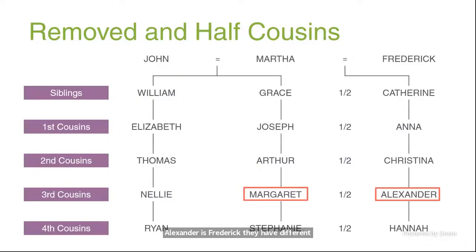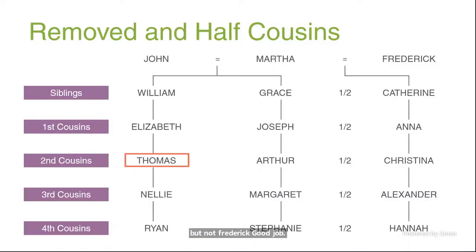So that's when we call them a half cousin, because they only have one common ancestor. So that's the difference between a full cousin and a half cousin, the number of common ancestors. And then we put the number in front of it based on the number down from that common ancestor. So in this case, Margaret and Alexander are third cousins because they're 4 generations down from Martha, and they're half cousins because they only share Martha but not Frederick and John.